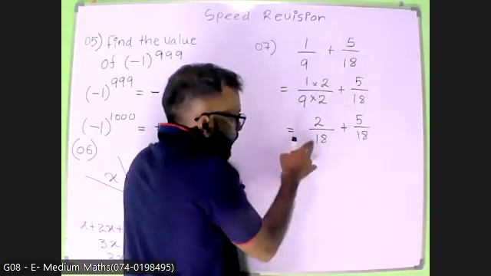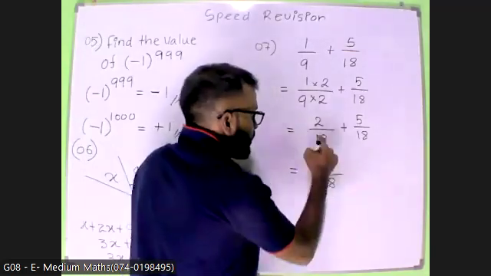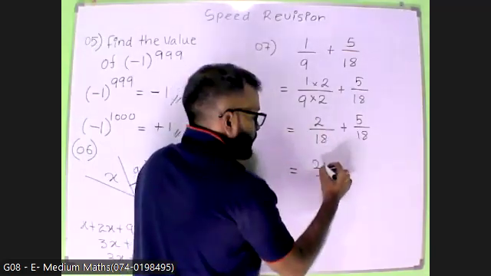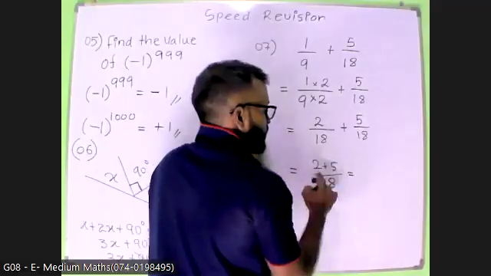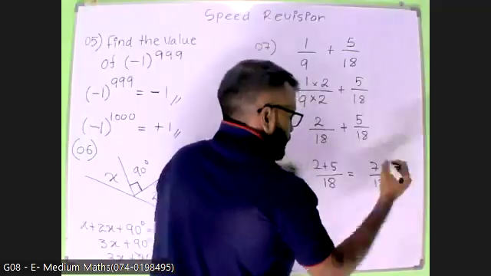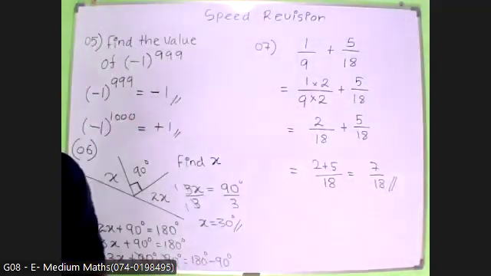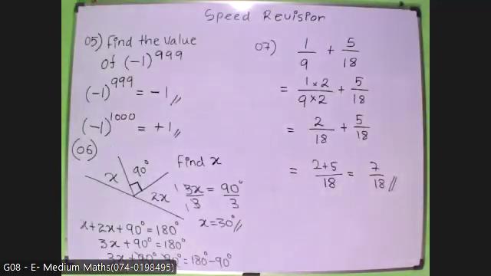So now we have equal denominators, 18. So you can add the numerators, 2 plus 5. So the final answer is 7 upon 18. So this is the way that you need to do it, right?